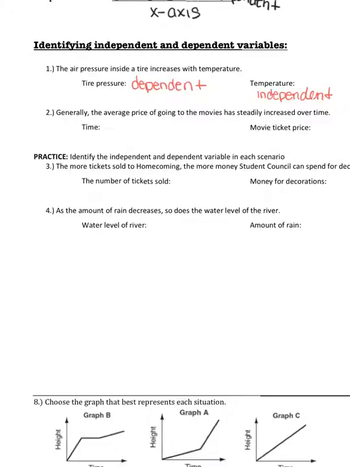Number 2, generally the average price of going to the movies has steadily increased over time. So ask yourself, is the price of going to see a movie affecting time, or is time affecting the cost of going to the movies? And so because time is doing the changing, time is your independent.